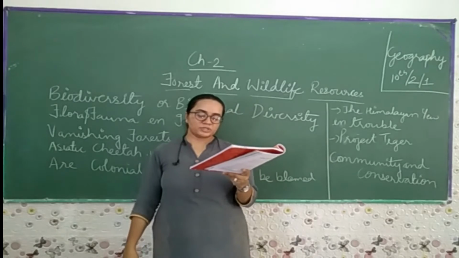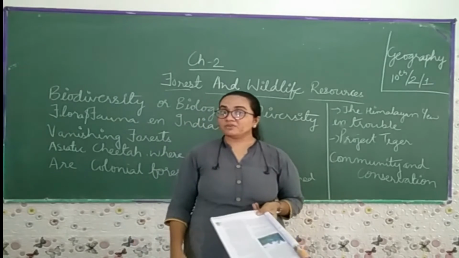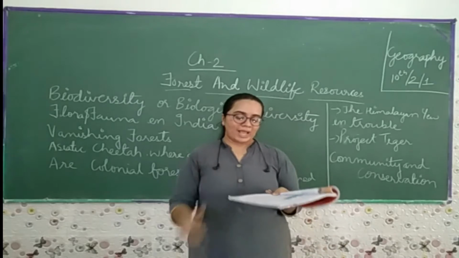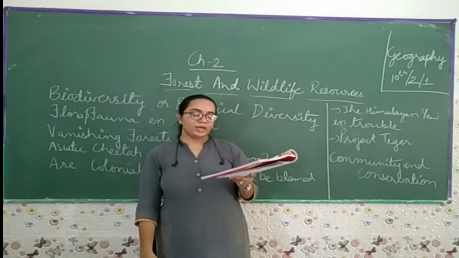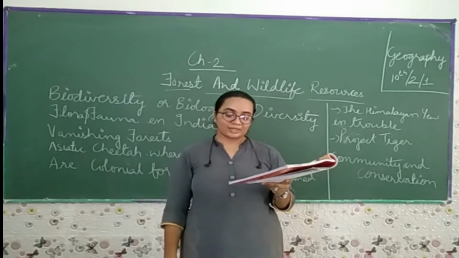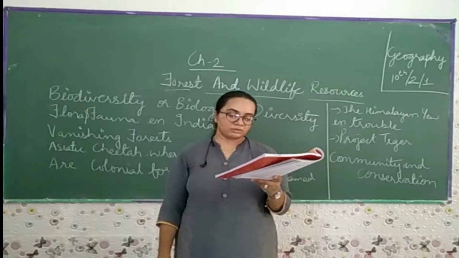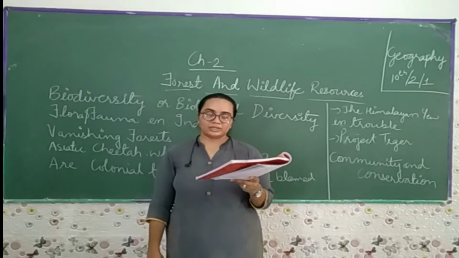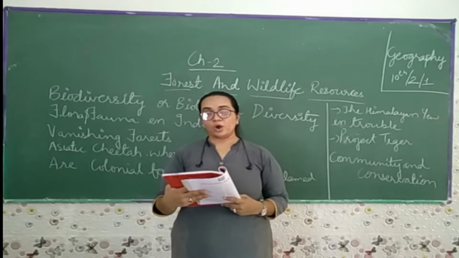Examples of such species are the black buck, for which I already gave you the example of Salman Khan who used to kill the black buck, the crocodile, Indian wild ass, Indian rhino, lion-tailed macaque, sangai, the brow-antlered deer in Manipur, etc.